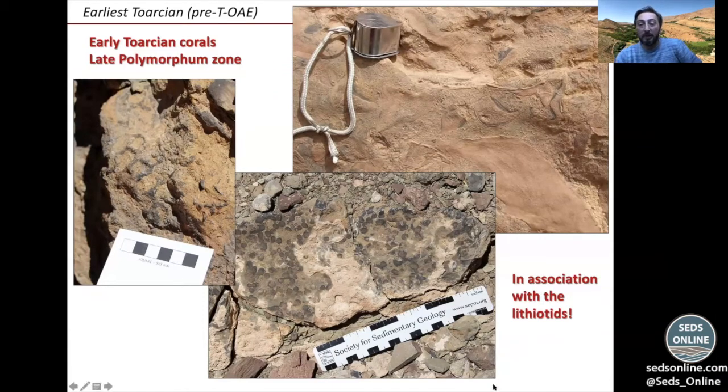But now they don't form reefs. We haven't found any early Toarcian reefs. So now they seem to be more solitary and living together with the lithiotids in the lagoon. So maybe that's a place where they did shelter, but we continue looking for early Toarcian reefs, and maybe we'll find some any day.